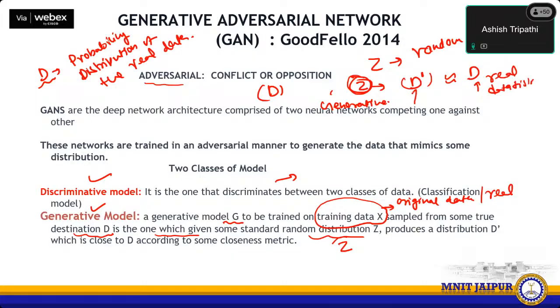And D dash is the data distribution of the GAN, or you can say the generator. The generator has to take as input the random probability distribution and convert it to D dash, which is very close to the real one, so that in future it can generate images which are close to the real one.